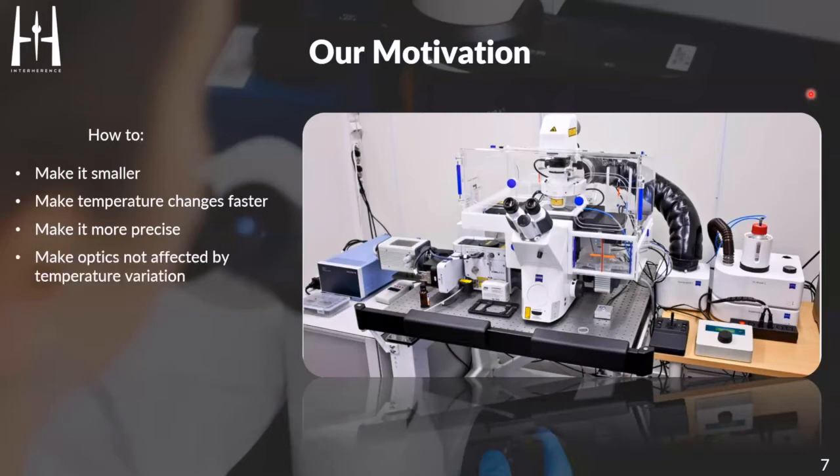We would like to make optics not being affected by temperature variations, and we would like to make it easily accessible, such that you can put more devices inside or near your microscope to allow for additional experiments. And we would like to make it cheaper.